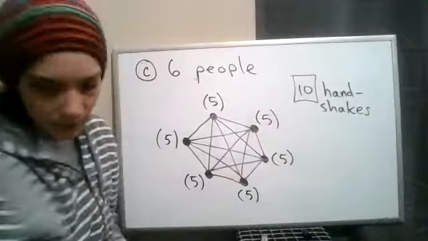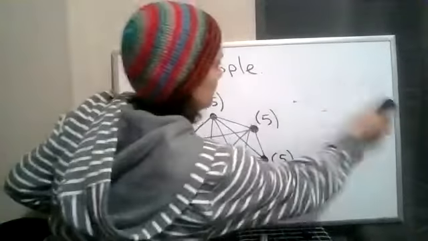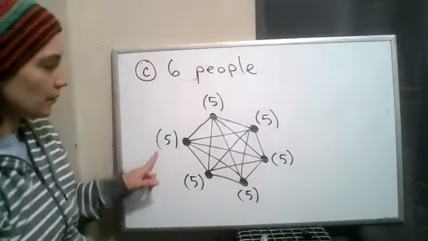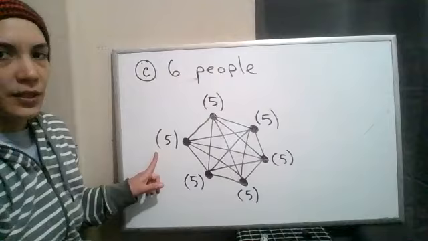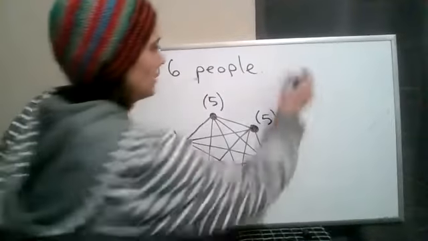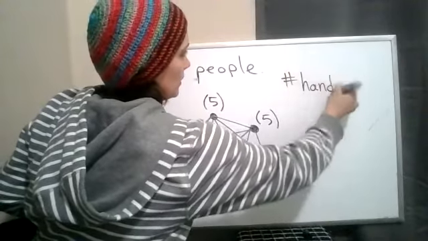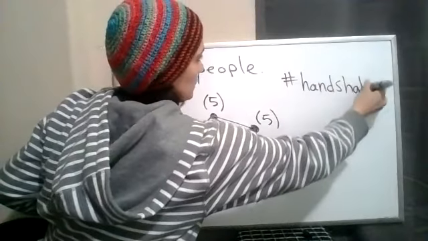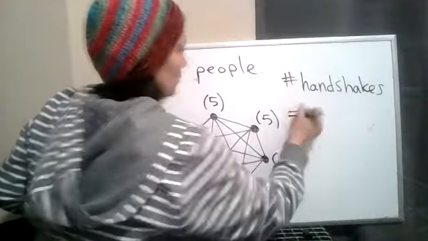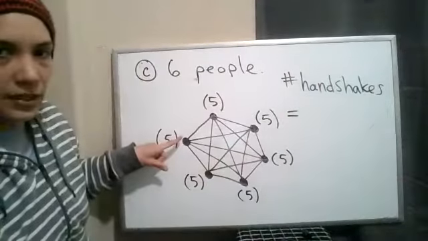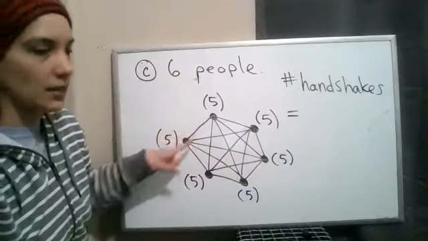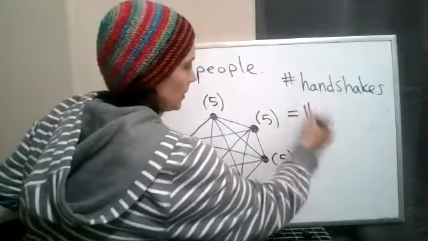Okay, that was previous answer. So we're looking for the number of handshakes. And in this picture, an edge is a handshake. So we're looking for the number of edges.